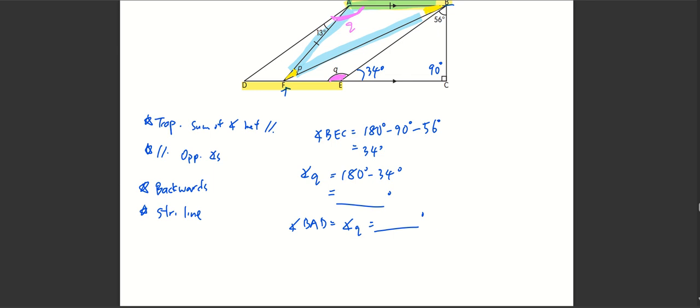Let me write this neatly. Okay. Then from here, I can find the isosceles triangle angle here.